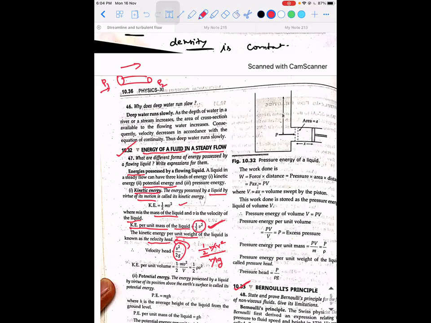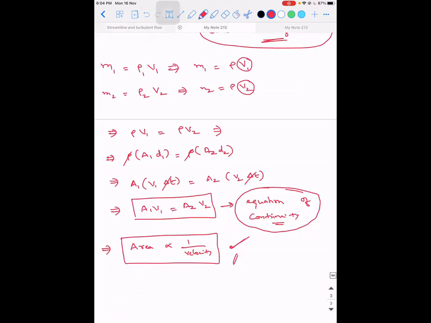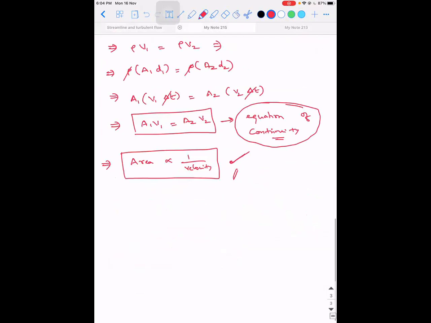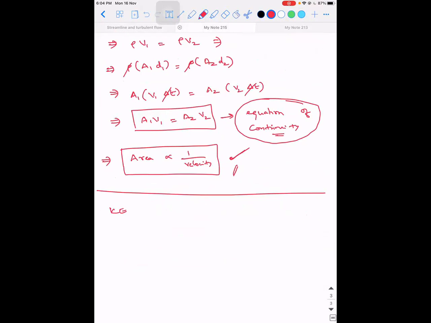Similarly, if you try to define the kinetic energy per unit volume, it's very simple, guys. Try to understand the naming structure so that you will understand others also better. Kinetic energy basic formula is half mv square. Kinetic energy per unit mass is half v square. Kinetic energy per unit weight is half v square by g.